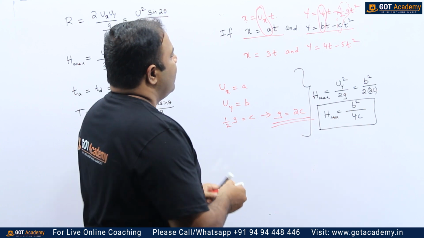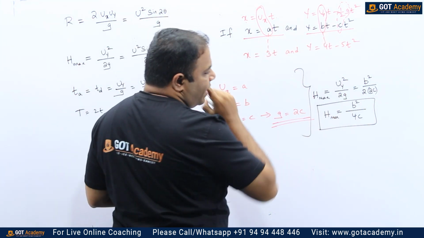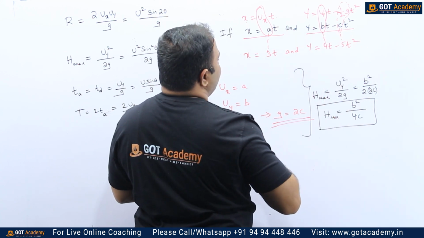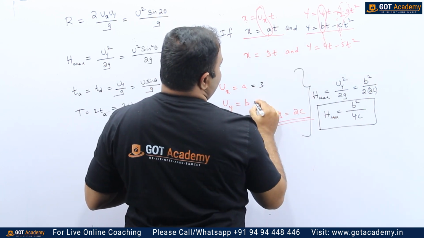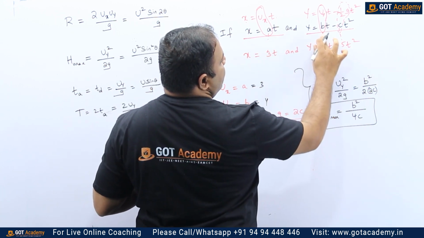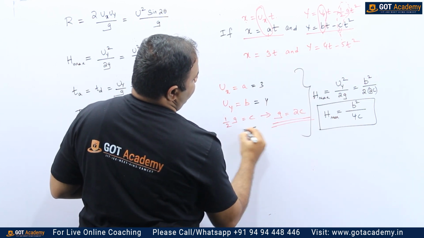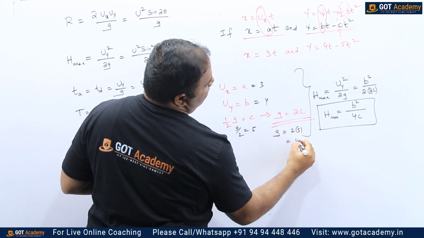See what I do here. In place of a there is 3, in place of b there is 4, and in place of c there is 5. So g equal to 2 into 5, that is 10.